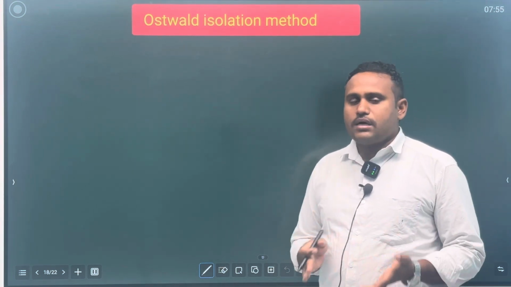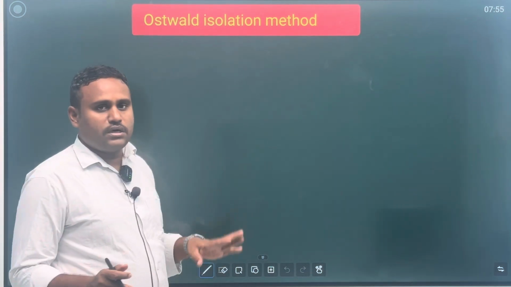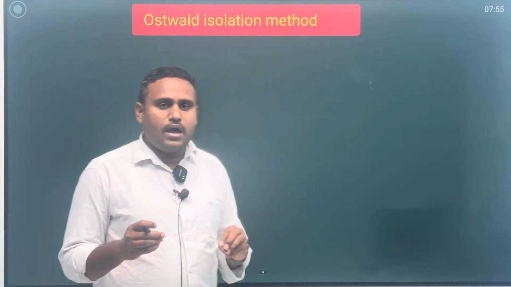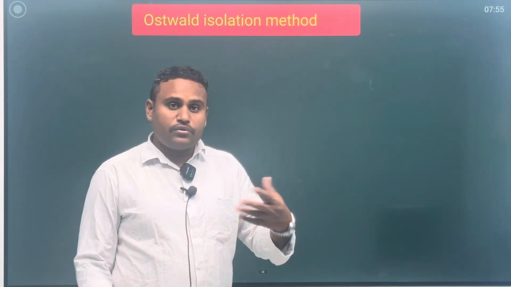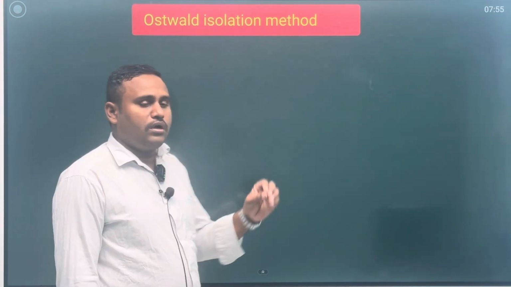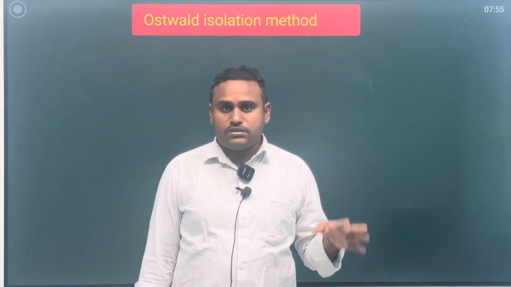This is one of the very important methods. Ostwald isolation method is generally used when we have more than one reactant. If only one reactant is present, what do we use? We use the half-life differential method.